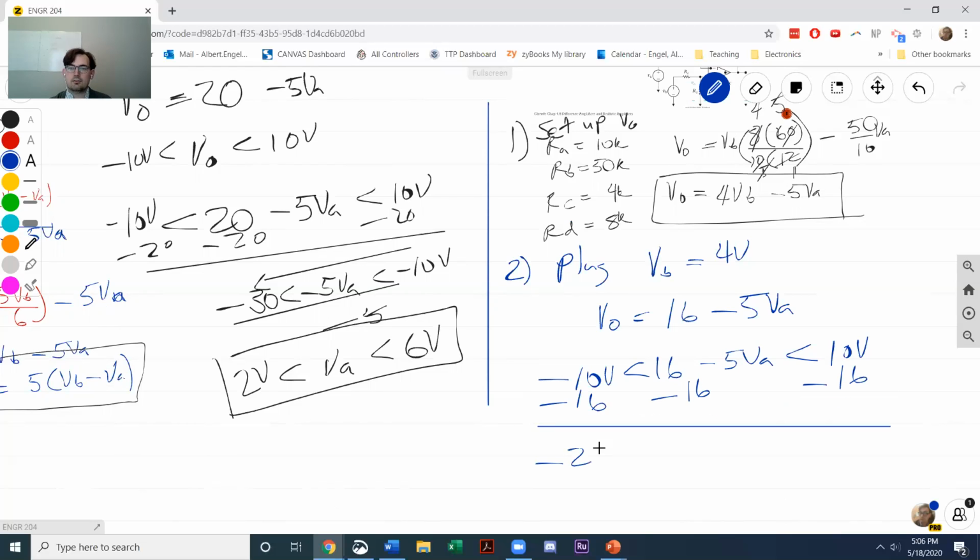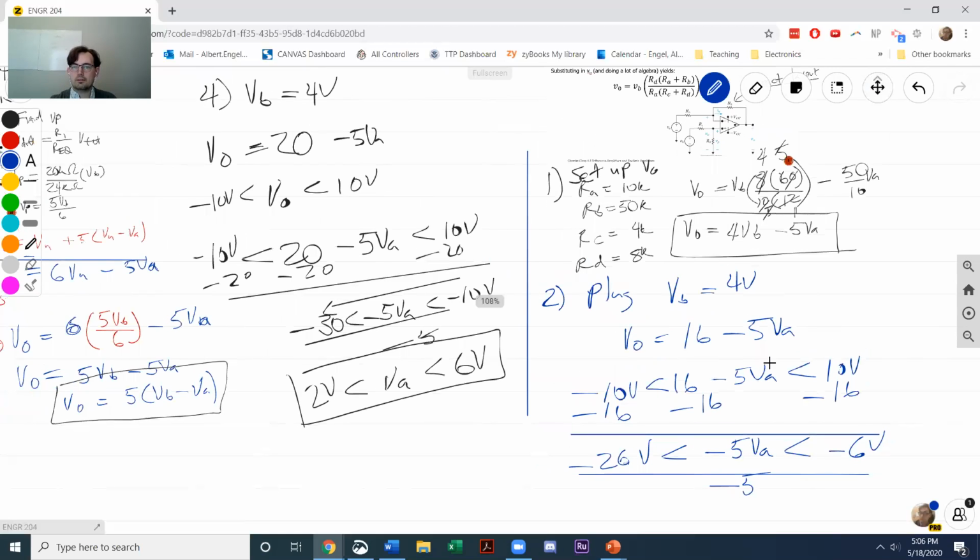This becomes negative 26, is less than negative 5 times VA, is less than negative 6. And then I can divide everything by negative 5. Remember, when I do that, my signs will change, so everything's going to get flip-flopped here.